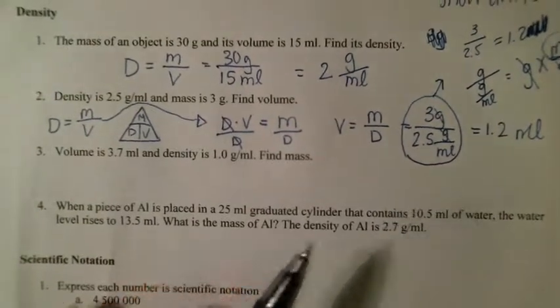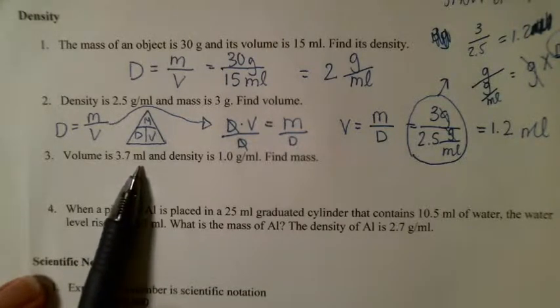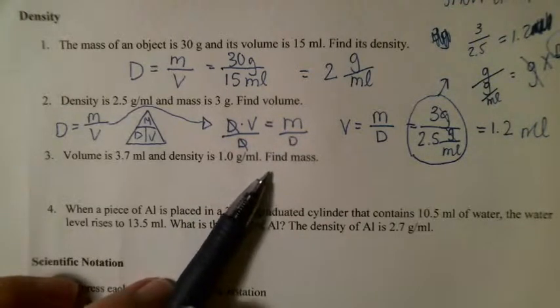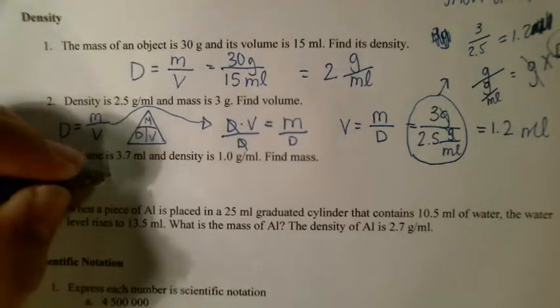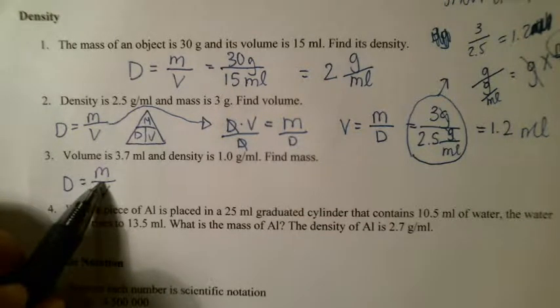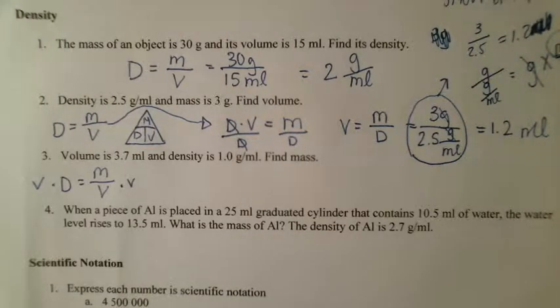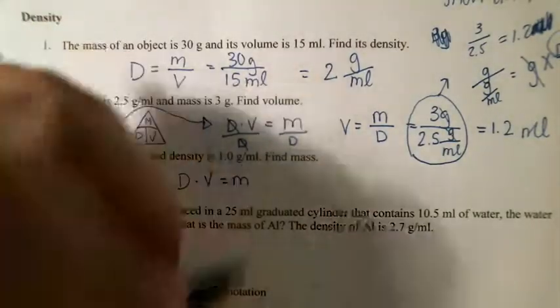All right, let's look at number 3. Here it states that the volume is 3.7 milliliters and that the density is 1 gram per milliliter. Find mass. Okay, let's start again with the formula. Density equals mass over volume. If we want mass, we need to isolate this by multiplying both sides by volume, or whatever is in the denominator. Volume cancels on the right, and on the left, you're left with density times volume. So density times volume equals mass.